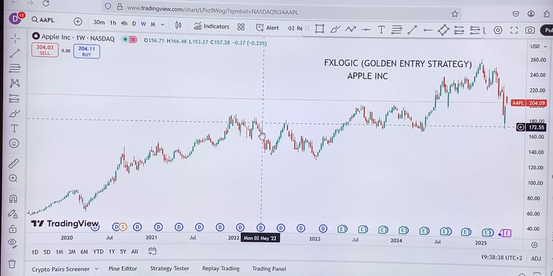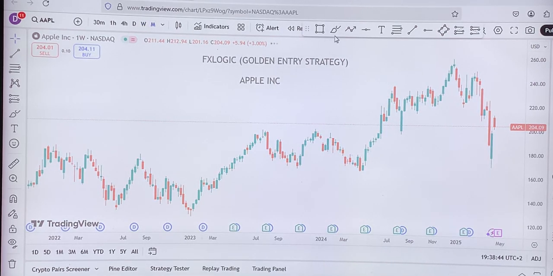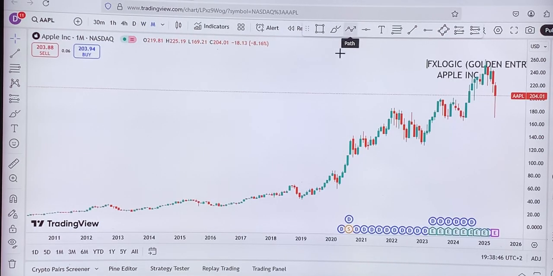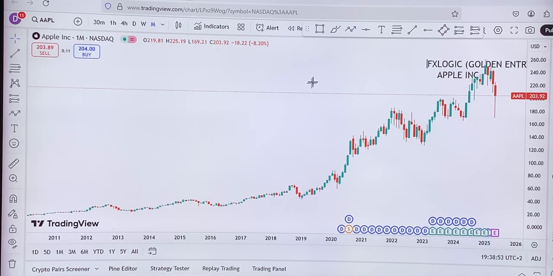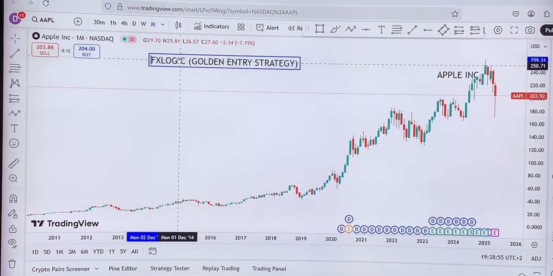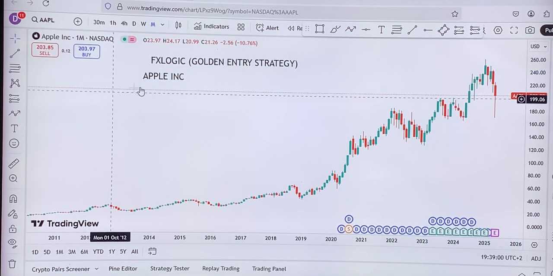So the overall chart, what we could see is, on the monthly time frame, we could see this. Let's get this out of the way.